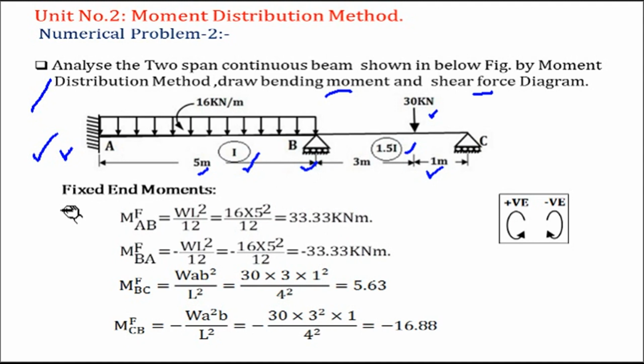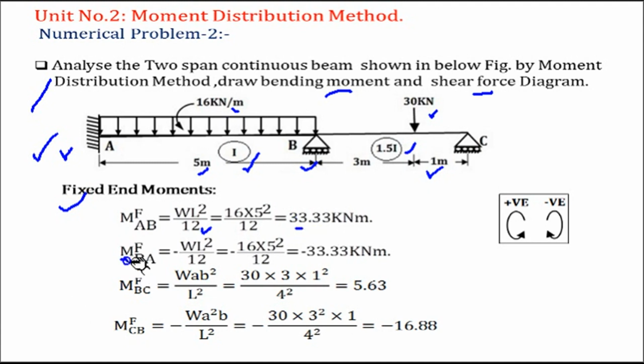In a previous video we discussed the fixed end moment and the moment distribution table. So let's revise again. Fixed end moment equation is WL square by 12 for UDL, and after putting the values, UDL is 16 kN per meter, 16 into 5 square, where 5 is the span of AB, divided by 12 is equal to 33.33 kN meter.